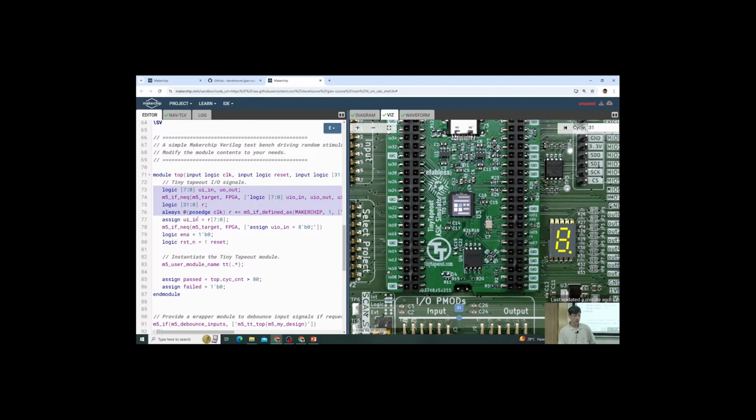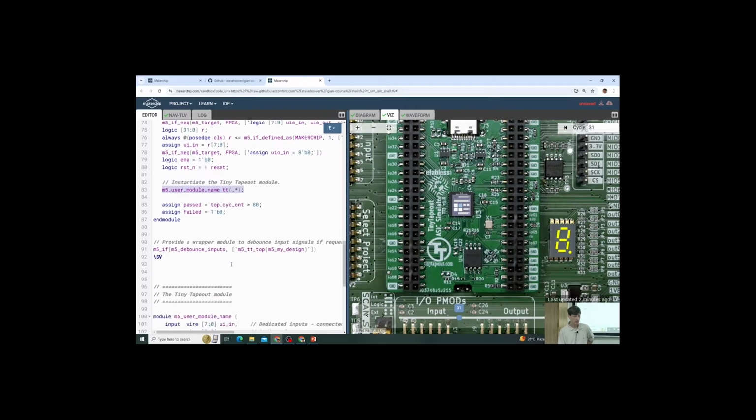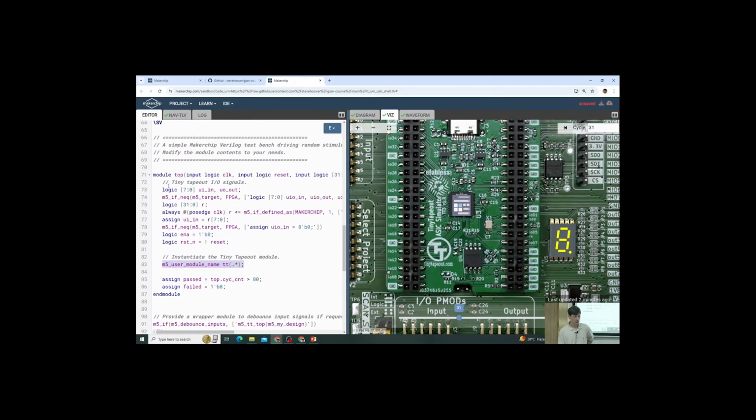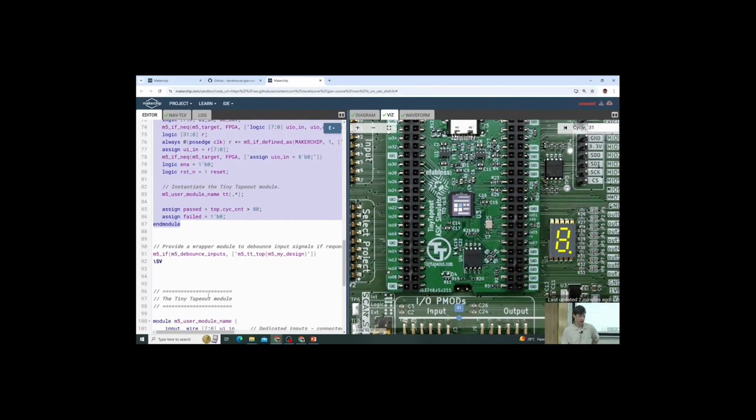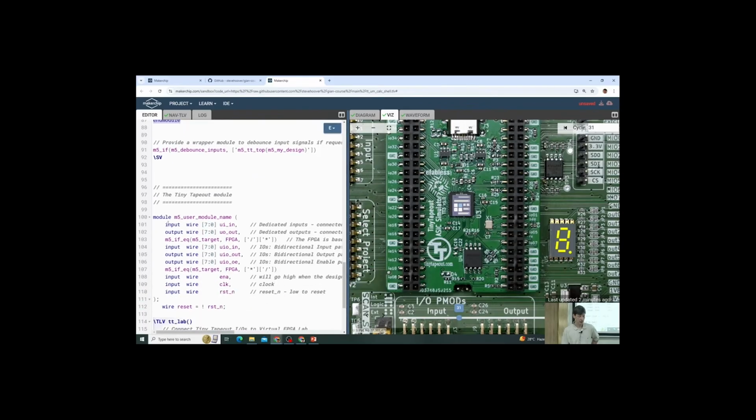And this is carrying through the output signals in this module. So again, nothing important. This is the instantiation of our TinyTapeout module. Basically, the top level module in makerchip is our test bench for the TinyTapeout module. And then the TinyTapeout module is here.